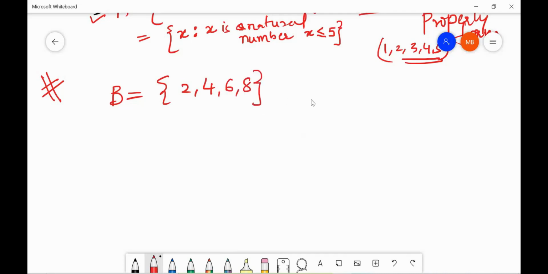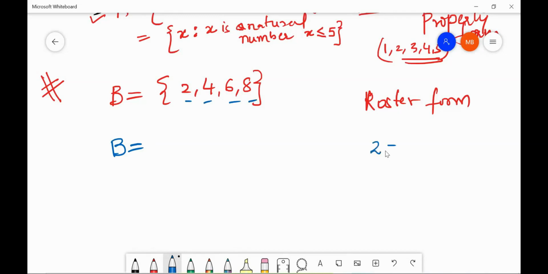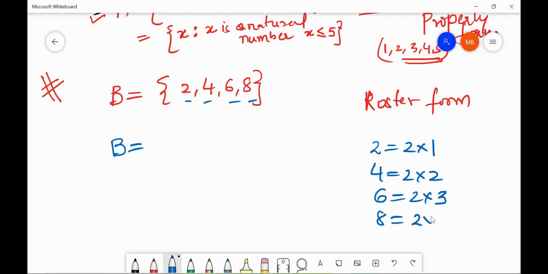Again this is already in roster form, and we will try to convert it into a set builder form. Set B. Again we will try to decode the nature of these elements. What kind of elements are these? These are 2, 4, 6 and 8. So can I write 2 as 2 into 1, 4 as 2 into 2, 6 as 2 into 3 and 8 as 2 into 4.